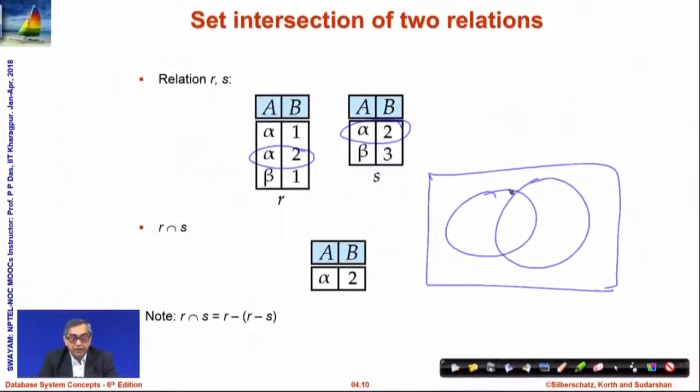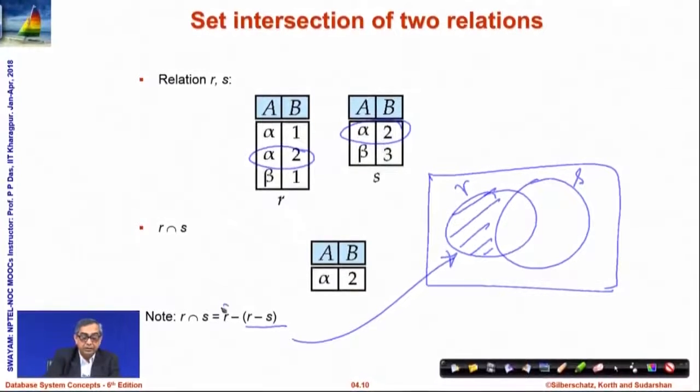As you are aware, set intersection actually is not a new operation. It is not a fundamental operation, because if I have R, if I have S, then this is R minus S. Now, if I subtract this R minus S, which is this set, from R, which is this bigger set, then what will be remaining?